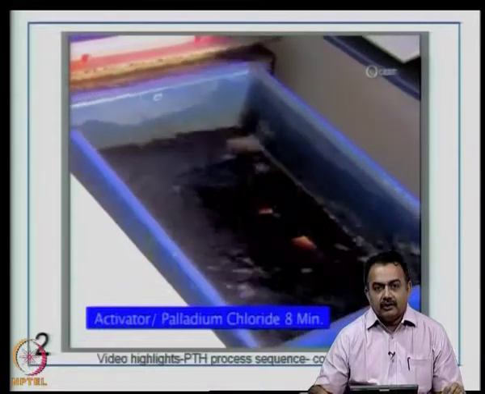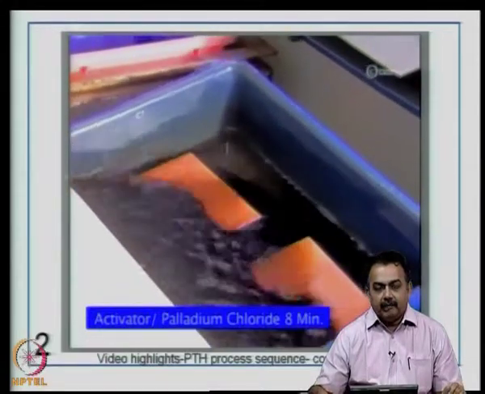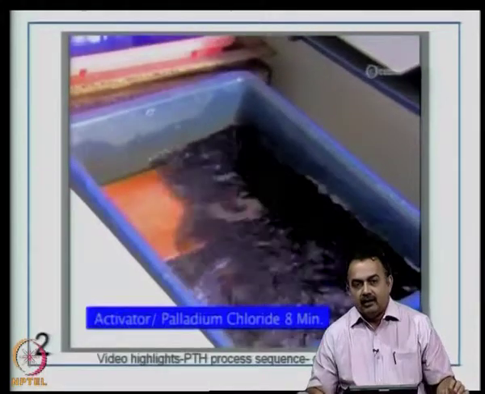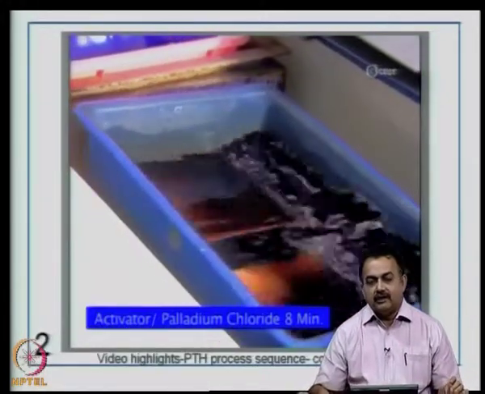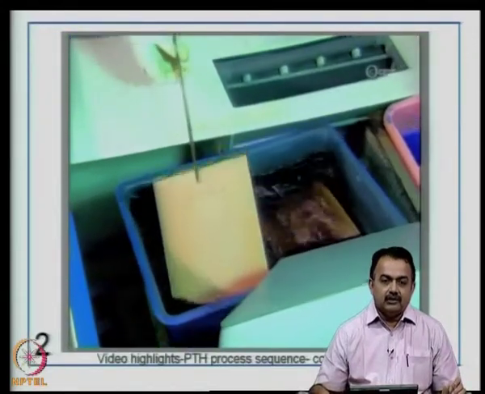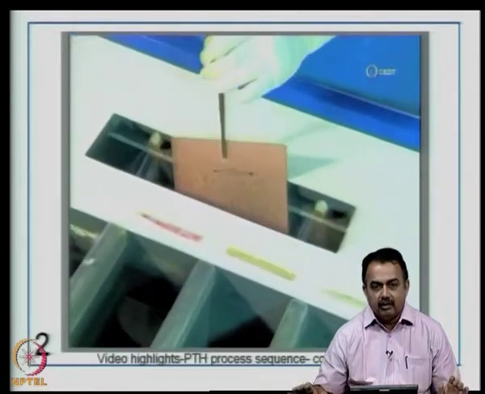What we are showing here is a simple lab type prototyping, but in practice you will see huge tanks in which these panels will be loaded with jigs and then introduced into the palladium chloride solution. Here time is very important, agitation very important, wetting of the surface is very important.